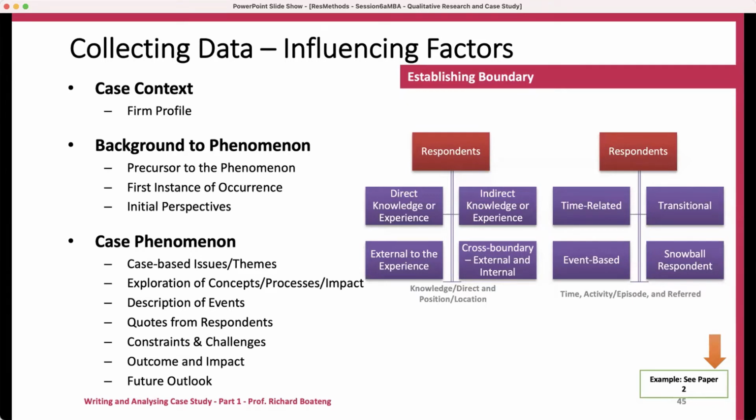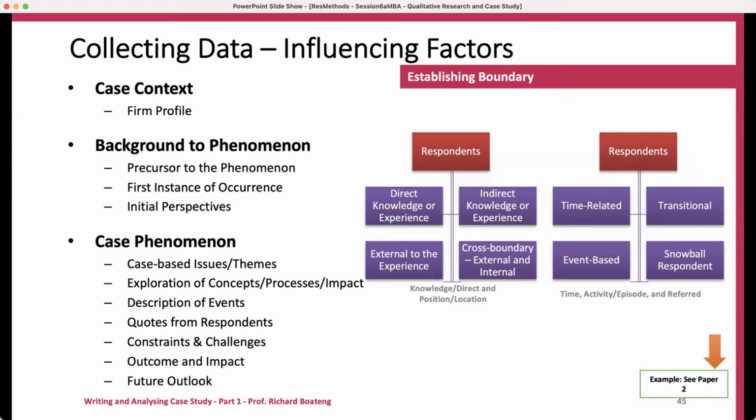So in such a scenario, a snowball respondent is one who was referred either by somebody who has internal knowledge about the issue that you are trying to study, or somebody who has external knowledge about the issue, or somebody who is coming to interact with you by event or by time. The person recommends somebody else to you.